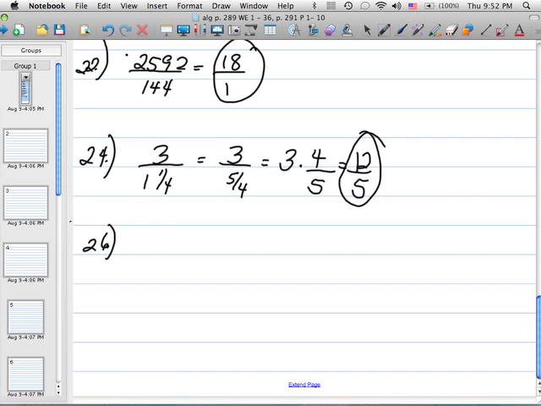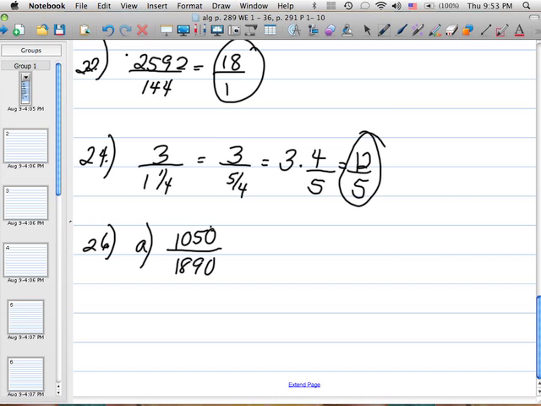26, Part A. The ratio of fiction books to nonfiction, when we have 1,050 fiction and 1,890 nonfiction. So it's fiction, which is 1,050, to nonfiction, which is 1,890.